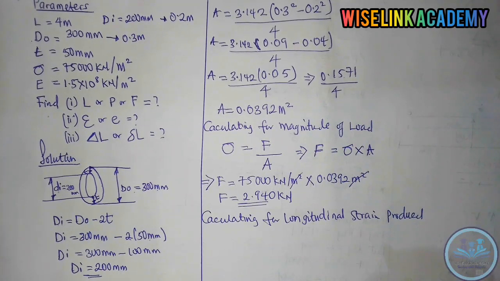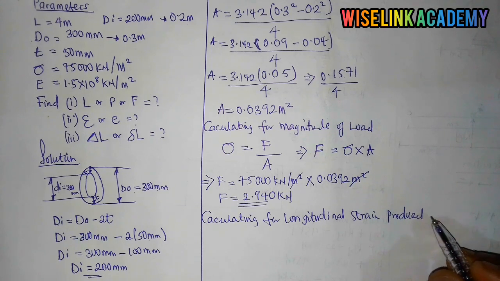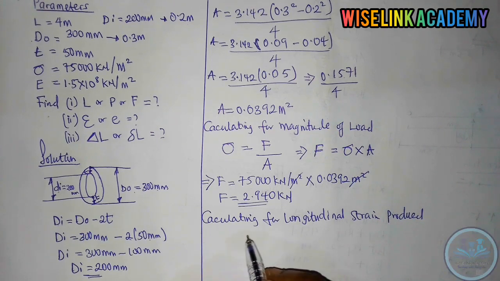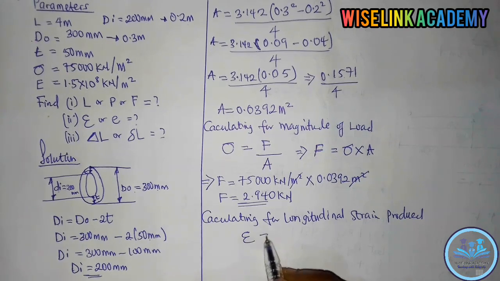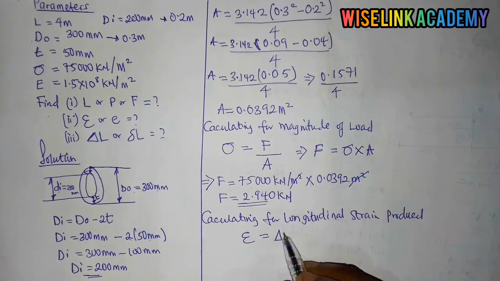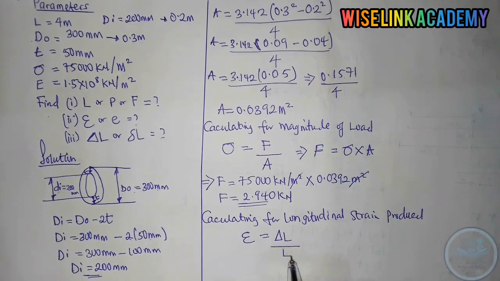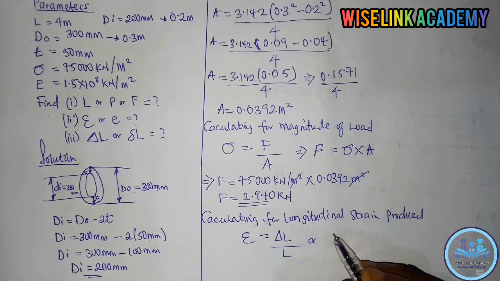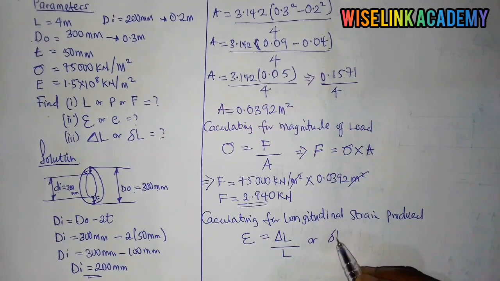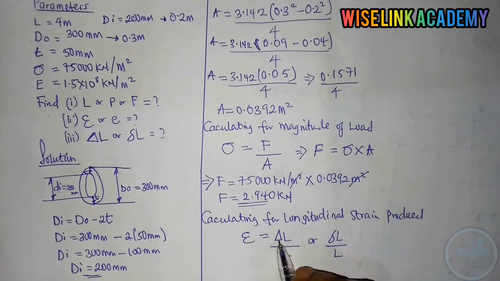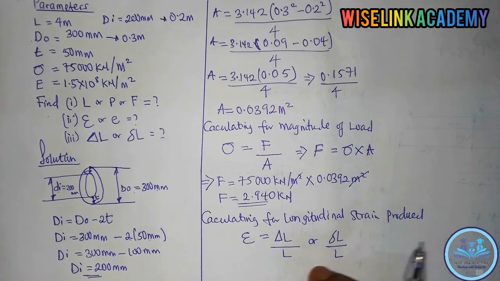So to calculate for this, our original formula means our strain is equal to change in L over L, or you say delta L over L. This is also delta, understand? Either of the two you apply them.